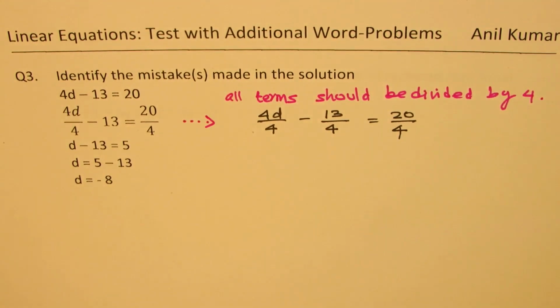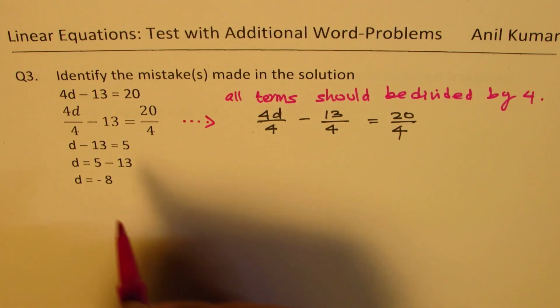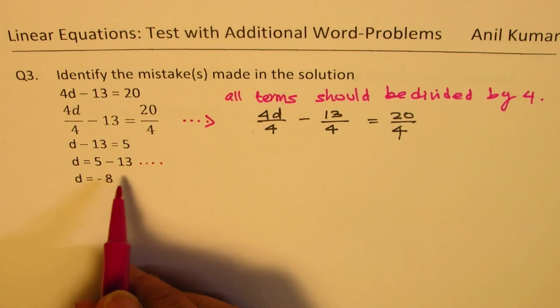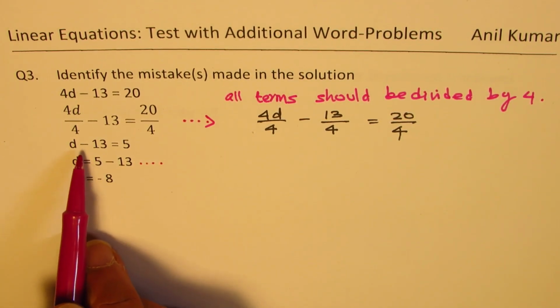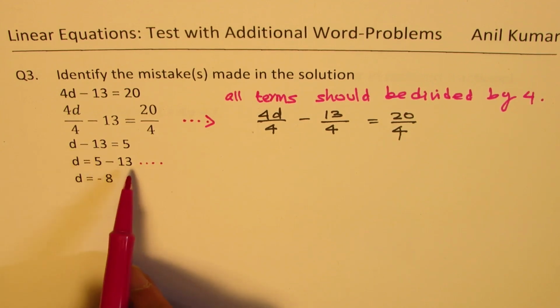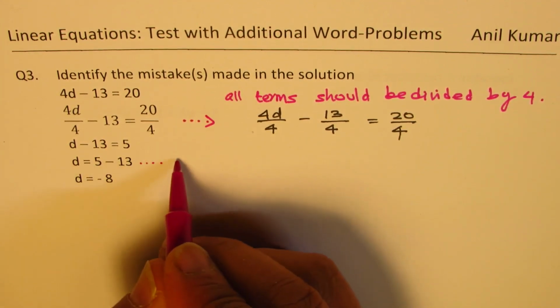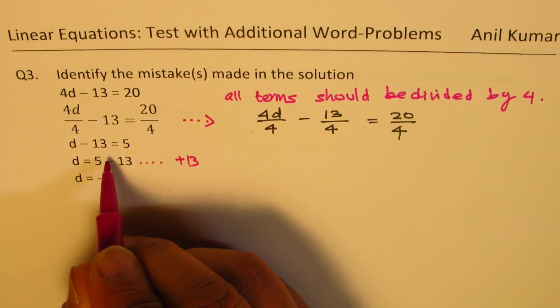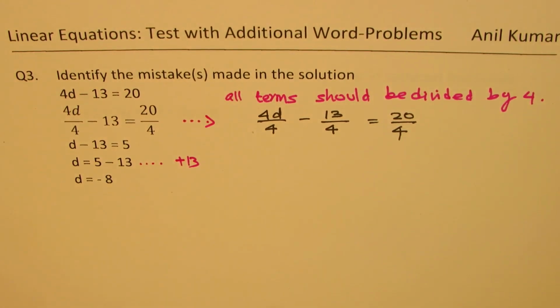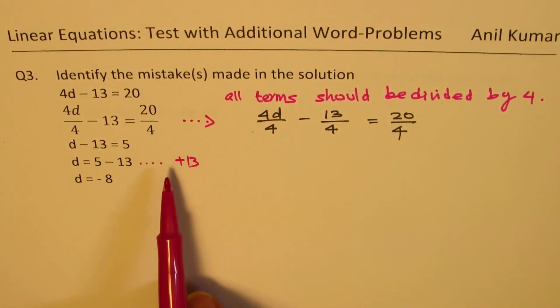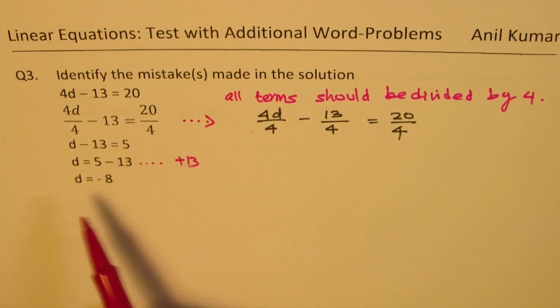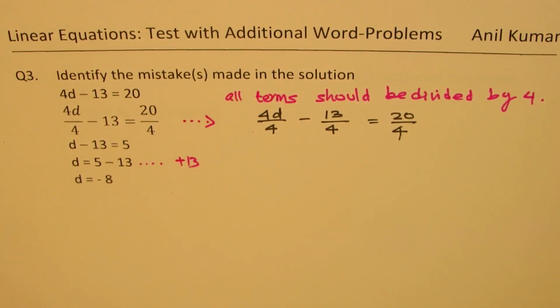So that should have been like this. Another mistake is that to get rid of minus 13, you should have added 13. So it should have been plus 13 and not minus 13. Because of these two mistakes, the answer is definitely wrong.